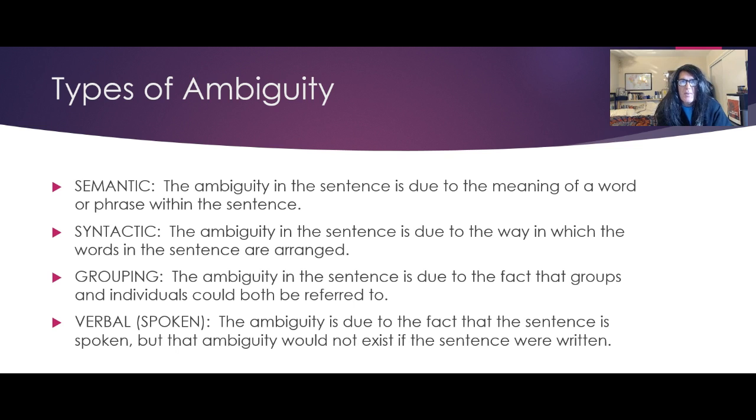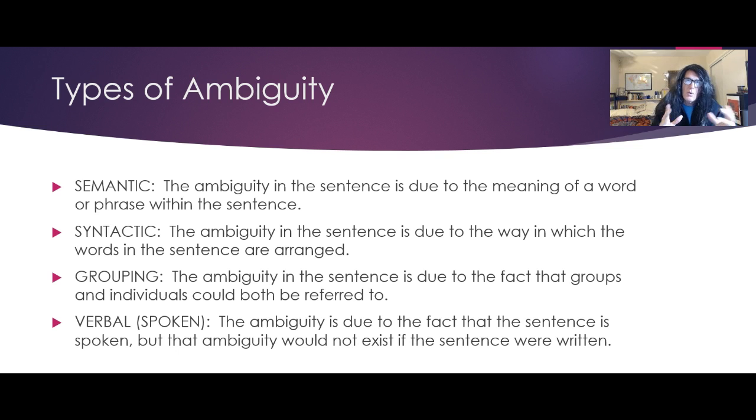The types of ambiguity. First of all, semantic. This is the kind of ambiguity where the sentence is ambiguous due to the meaning of a word or phrase within the sentence. Syntactic ambiguity. The ambiguity in the sentence is due to the way in which the words in the sentence are arranged.